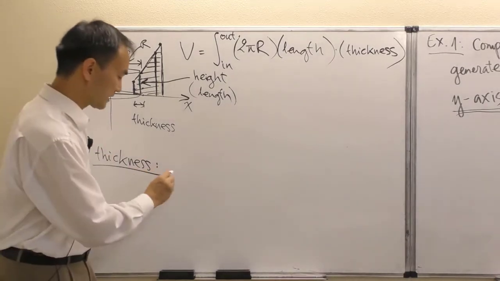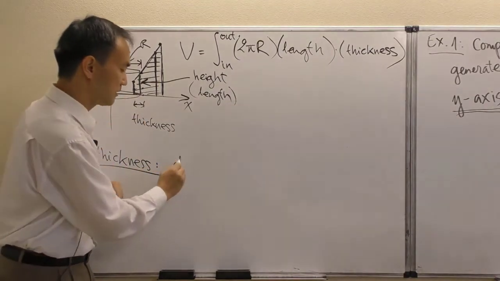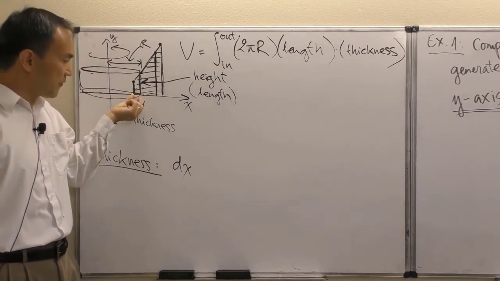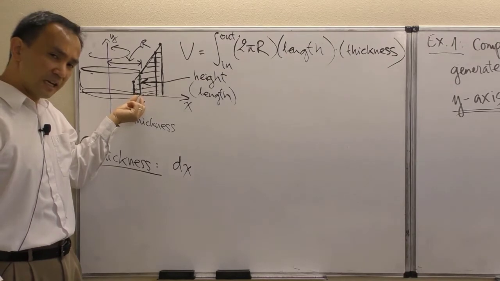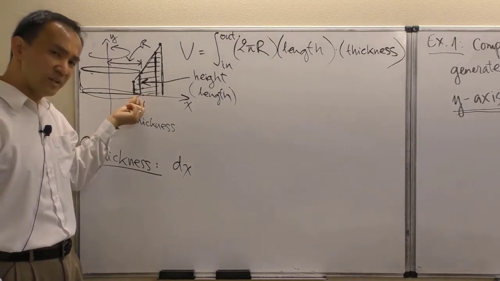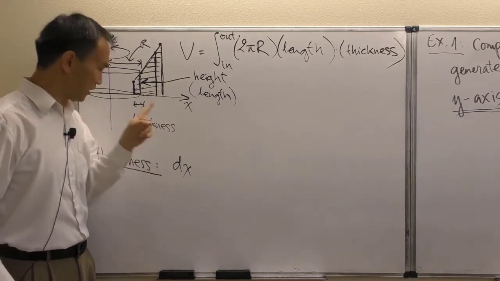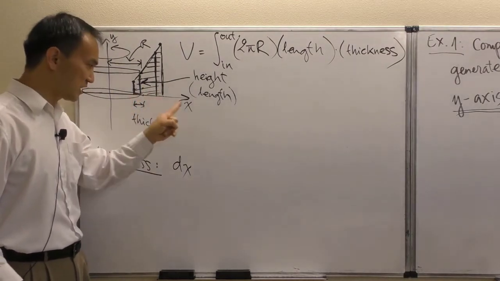Thickness here, in the way we place our stripe, has to be a dx, because it's going to be a change, a difference, even though eventually it has to be to the level of an infinitesimally small change in x value.